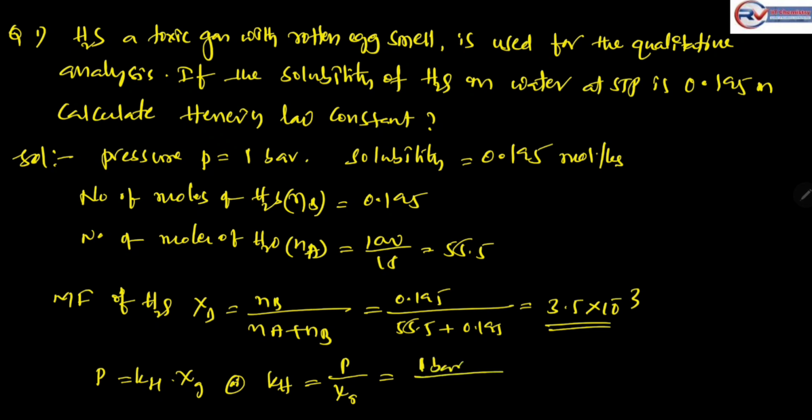Substituting the mole fraction of gas, 3.5 into 10 power minus 3, it becomes 285.6 bar. We are getting the Henry's constant KH as 285.6. Okay, thank you.